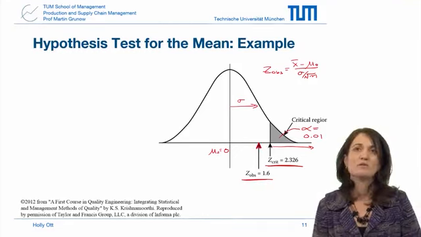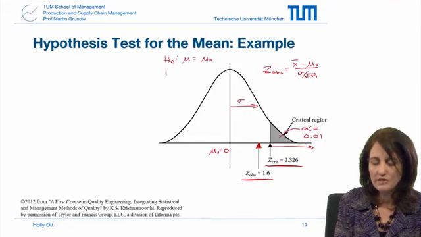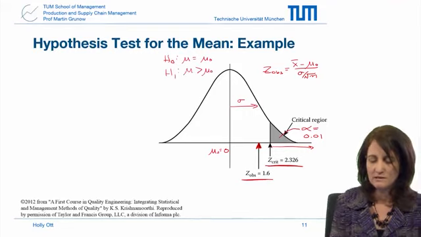So now what do we do? Do you reject the null hypothesis, H0, mu equals mu 0, or H1, do you accept the alternative hypothesis? So again, this is here the null hypothesis. What we observe is that z obs is not in the critical region.